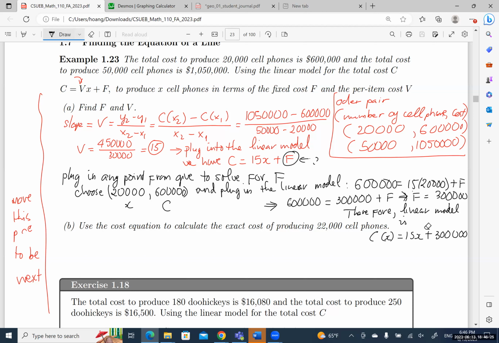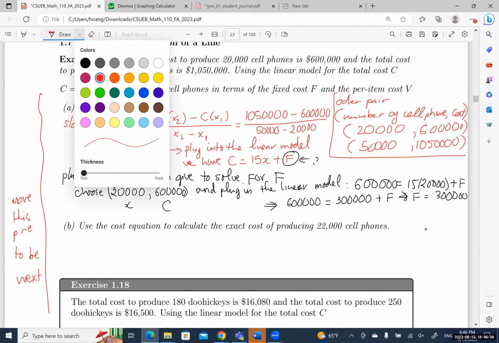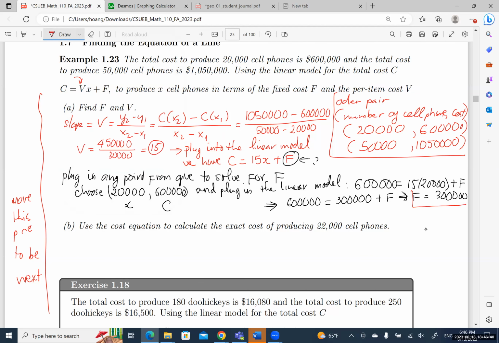No, I'm going to delete this one because I just need to find only F and V, right? So F equal to 300,000. Okay. Equal to 300,000. V equal to 15.